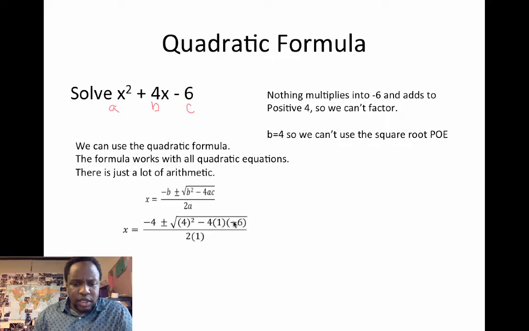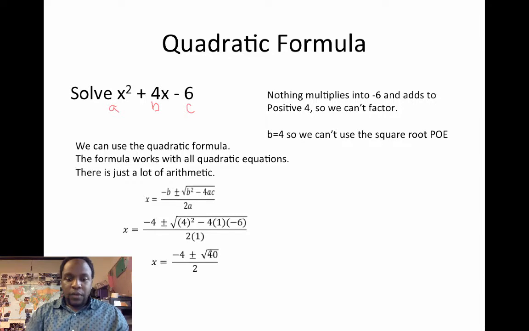We can then do some arithmetic. So negative 4 times 1 times negative 6 equals positive 24. And 4 squared is 16. So we get negative 4 plus or minus the square root of 40 over 2. We then know that the square root of 40 is the same thing as 2 radical 10.